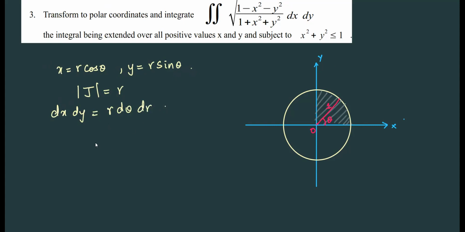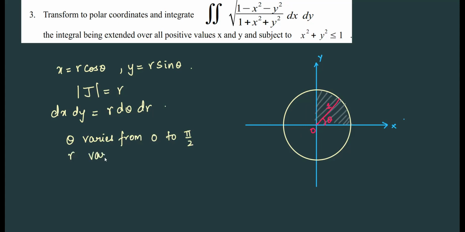Now what are the limits? In this region, theta varies from 0 to pi by 2. This is easy. And r, all the points within this, the distance from the origin will change from 0 to 1.